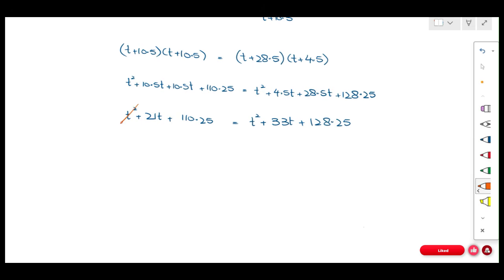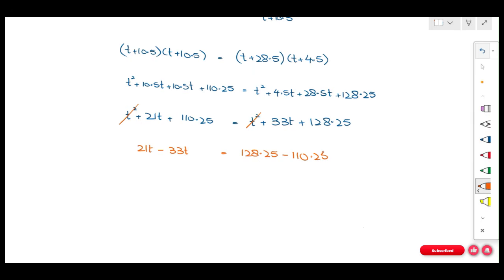Now t squared on both sides cancels out. Combine the t terms: we have 21t and minus 33t. Then combine the constant terms: 128.25 shifted over, minus 110.25.